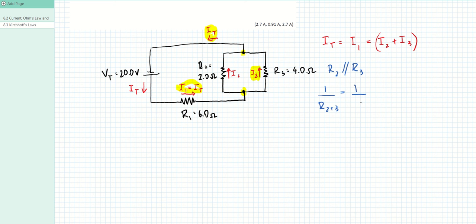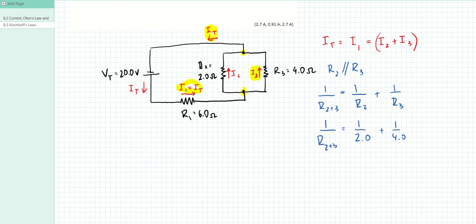It's going to be 1 over R2 plus 1 over R3. The way I labeled it, this is going to be 1 over 2 plus 1 over 4.